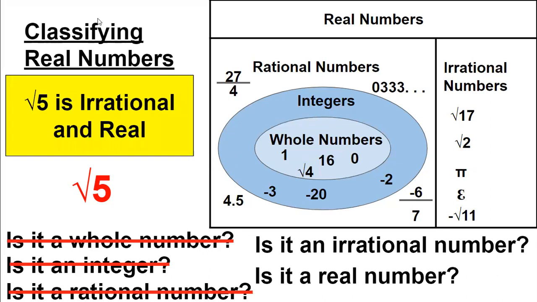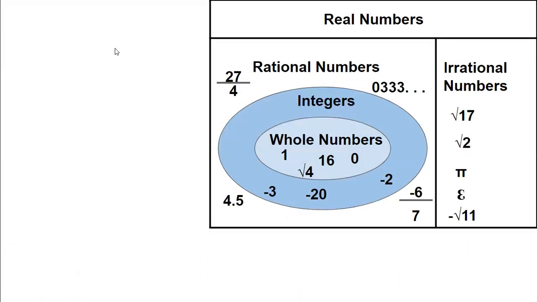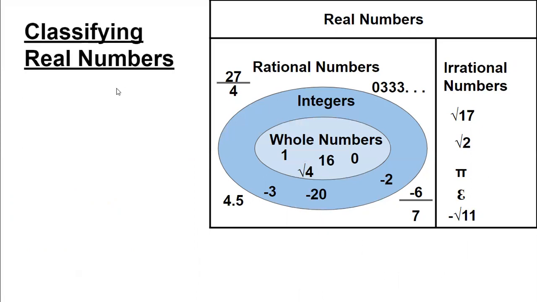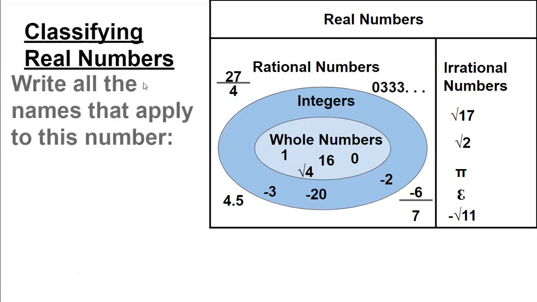Okay, let's try another one. Clear my lines there. Put the chart back up there for you to refer to. By the way, this is in your book as well. We're going to classify real numbers. This time we're going to apply all the names to negative 17.84.